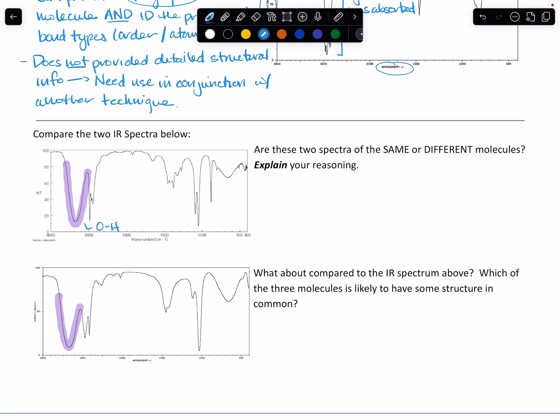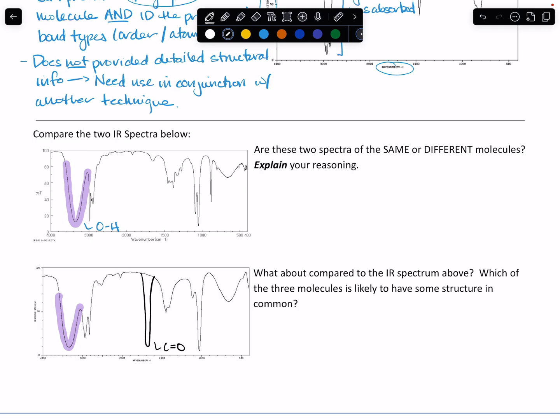Similarly, these two pictures don't show it, but there are other pictures that have a real steep peak right here, and that peak would indicate the presence of a C double bond O, which is known as a carbonyl, component within your molecule. But similarly, it doesn't tell you where they are and it doesn't tell you how many of them there are.